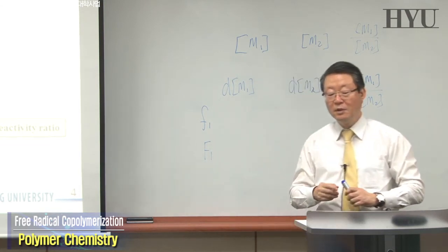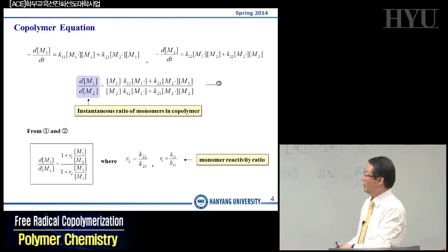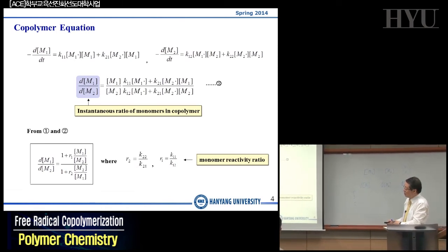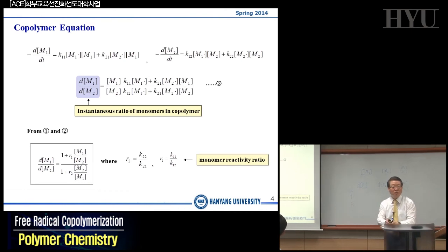But anyway, we can say that dM1 over dM2 will be the copolymer equation, meaning that when you would like to know the monomer units in the copolymers, then you need to know the reactivity ratio of each component, R1 and R2, and the monomer concentration at the beginning of your reactions, M1 over M2.